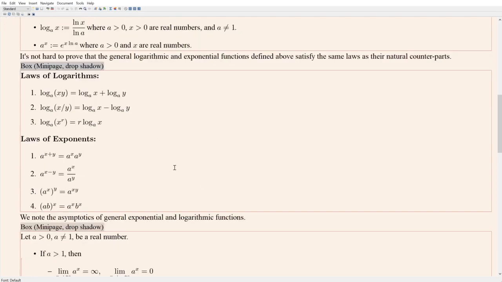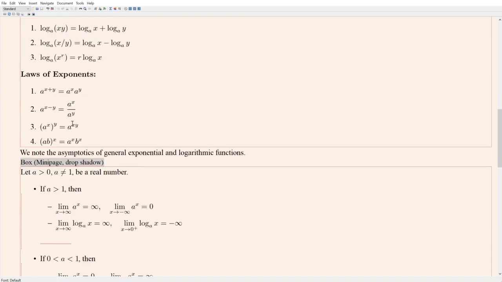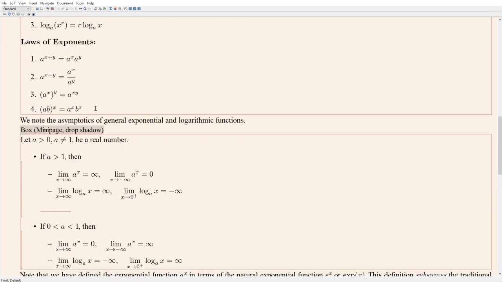It's pretty easy to prove. So this is all the same as everything that I've written before, just with a instead of e. The one new law of exponents that comes up is this one: if you have ab to the power x, that's the same as a to the x, b to the x.